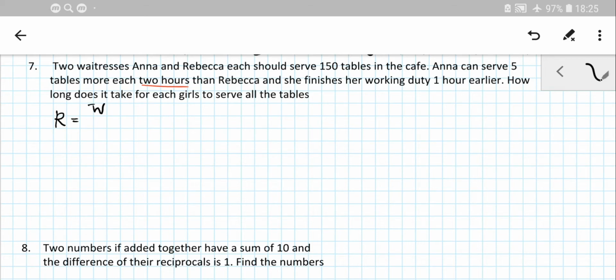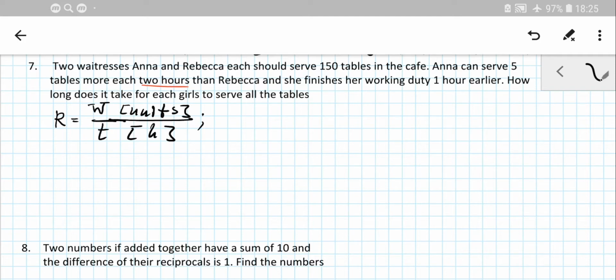No matter what sort of work the person does, for example tables served, pieces produced, or area of the street cleaned in meters squared. Any work, no matter which units you use, is per time required. In this case, we've got hours.